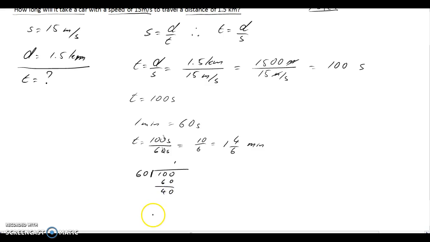Now this is telling me that 60 goes into 100 once, therefore 1 minute, and the 40 left over are still seconds. So this time is also equal to 1 minute and 40 seconds. So it will take the car 1 minute and 40 seconds to travel the total distance of 1.5 kilometers. Hope that helped.